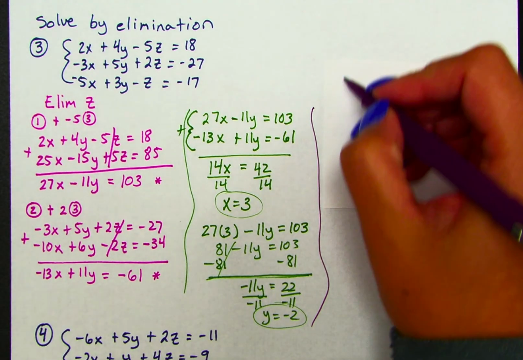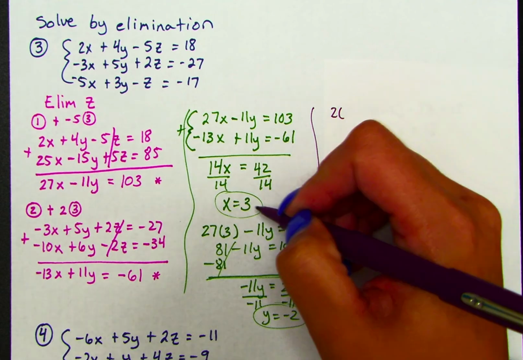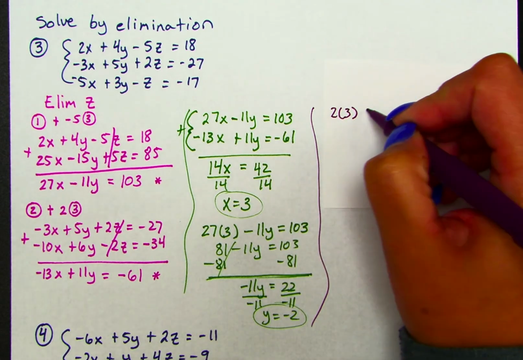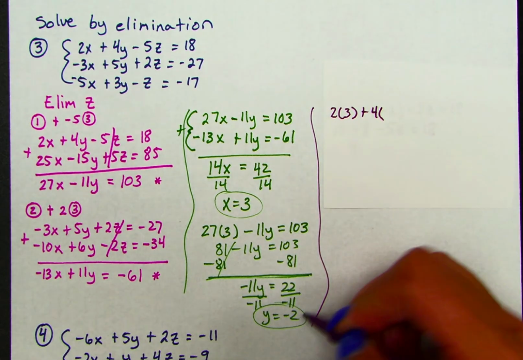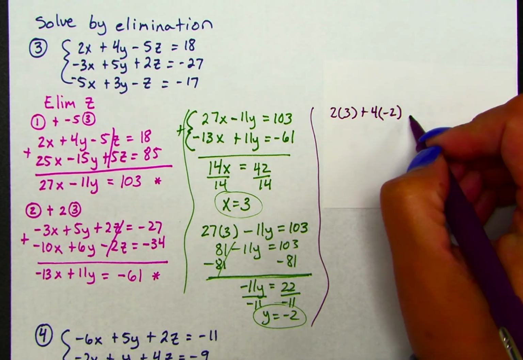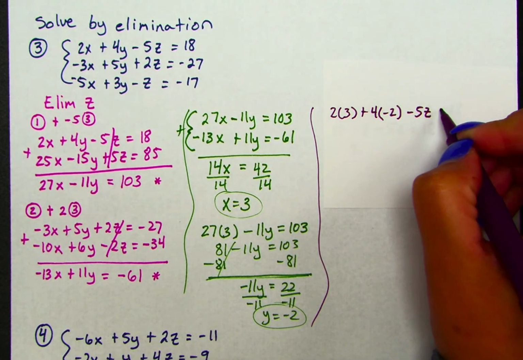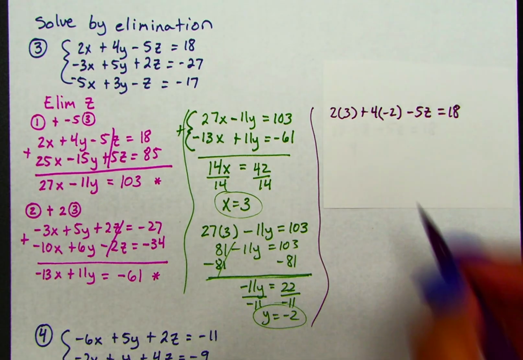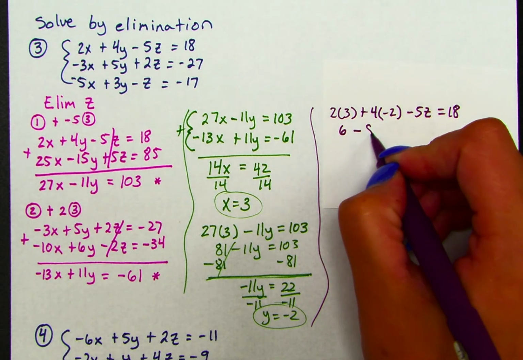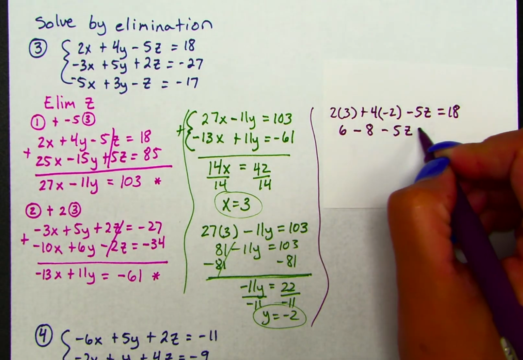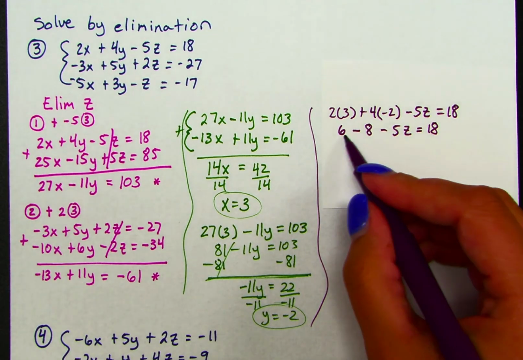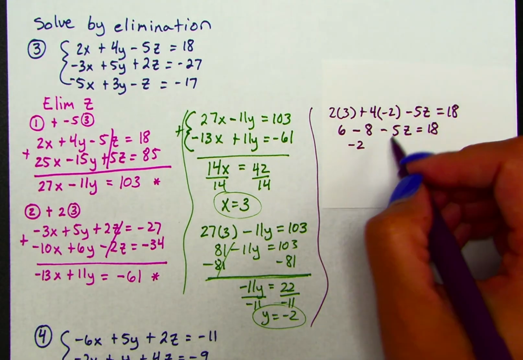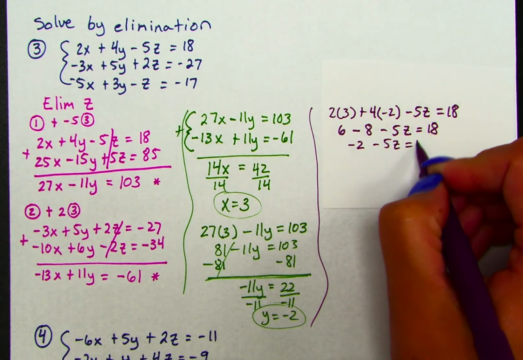So this will be 2 times 3 plus 4 times negative 2 minus 5z equals 18. So this will be 6 minus 8 minus 5z equals 18. And 6 minus 8 is negative 2 minus 5z equals 18.